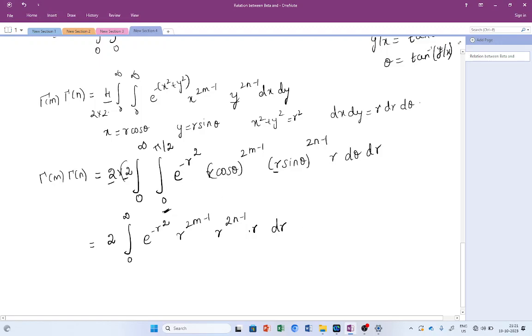Here I have the other 2 left out, so it will be 2 into integral from 0 to pi by 2, cos to the power of 2m minus 1 theta, sine to the power of 2n minus 1 theta d theta.